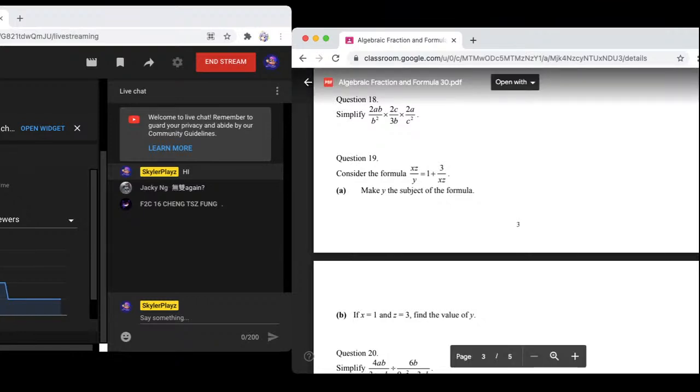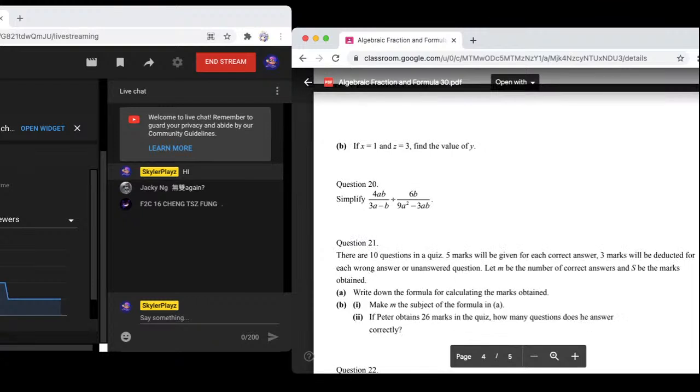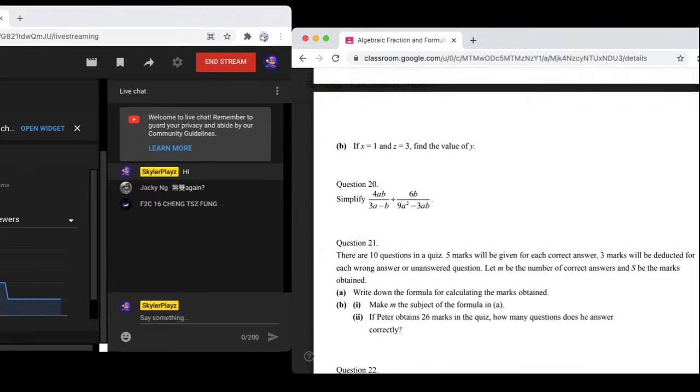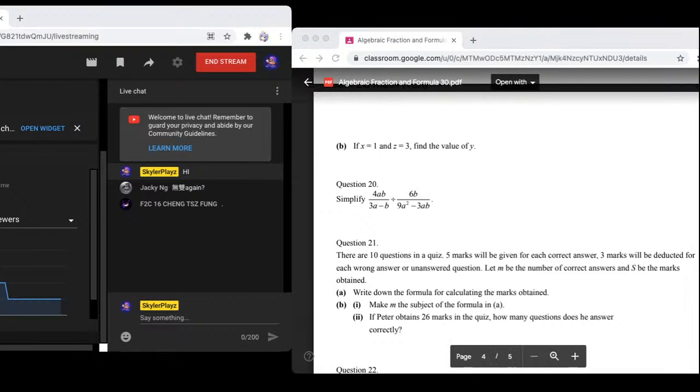I show you question 40. Is it clear? Okay, that's okay. 4ab divided by 3a minus b, divided by 6b over 9a squared minus 3ab. So, no change for the first fraction.